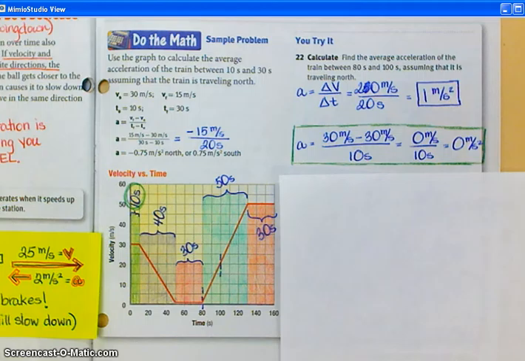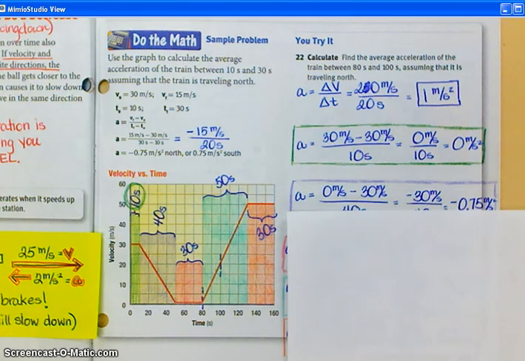Then we look at the second part of the graph from 10 seconds to 50 seconds. Okay, that is a 40-second interval, and I notice that my velocity over that time interval goes from 30 all the way down to 0.